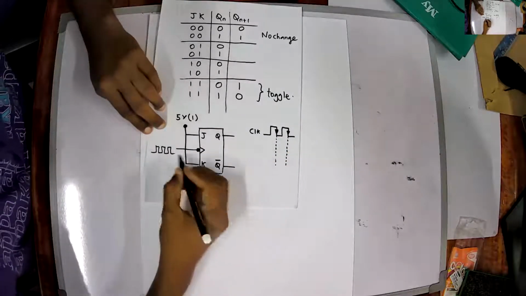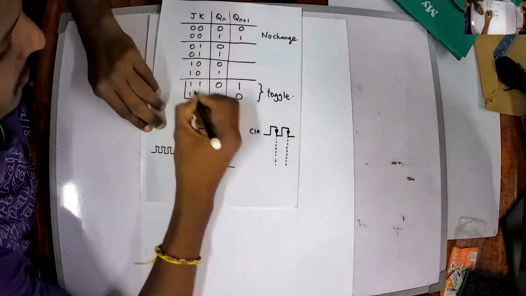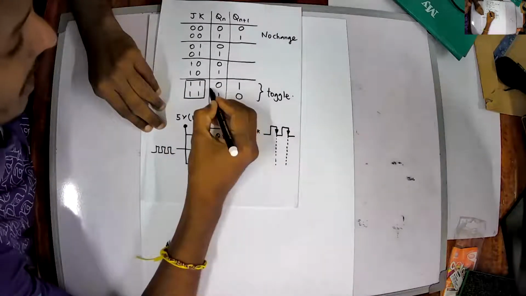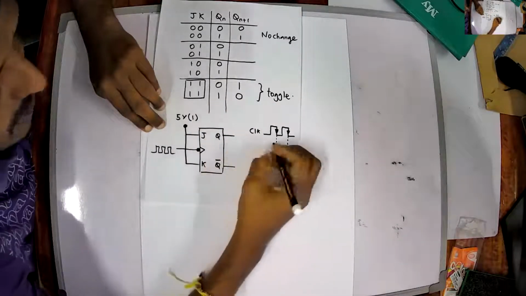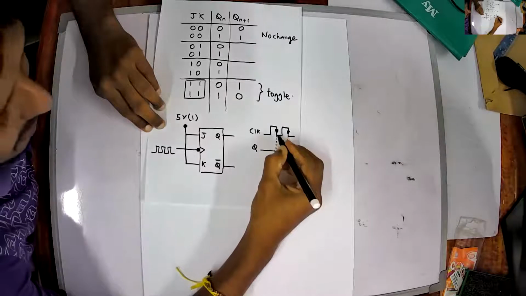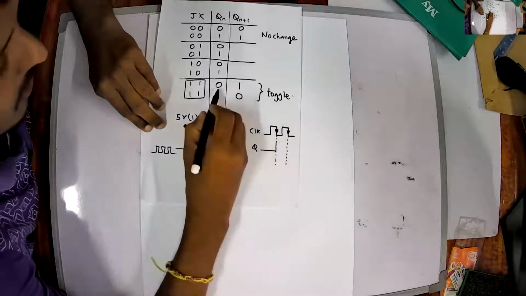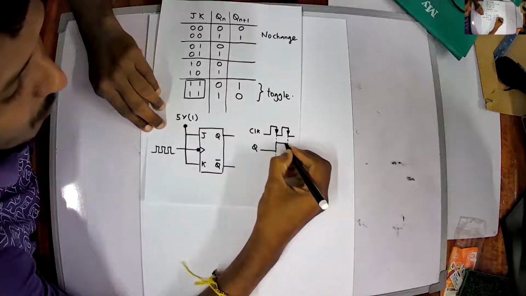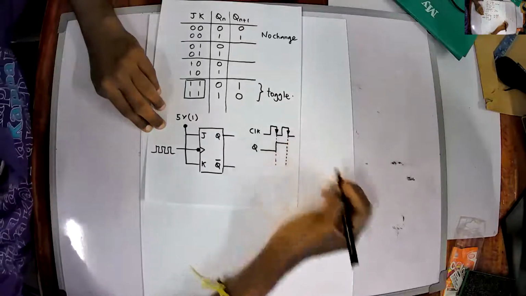Right now J and K are connected to 1, so Qn has to be toggled. For the very first pulse, let's assume that Q is 0. Whenever the first negative pulse is detected, it is toggled, so Q becomes Qn plus 1, which is 1. And that 1 will be kept constant until the next negative pulse is encountered.